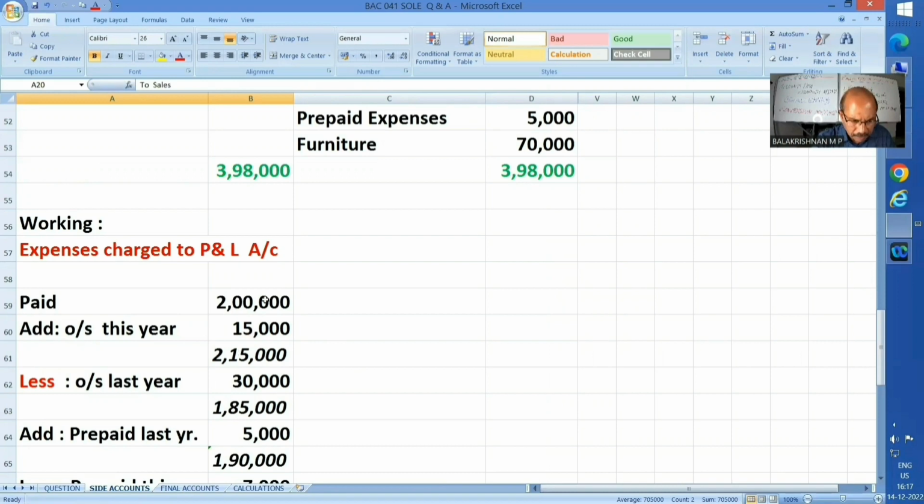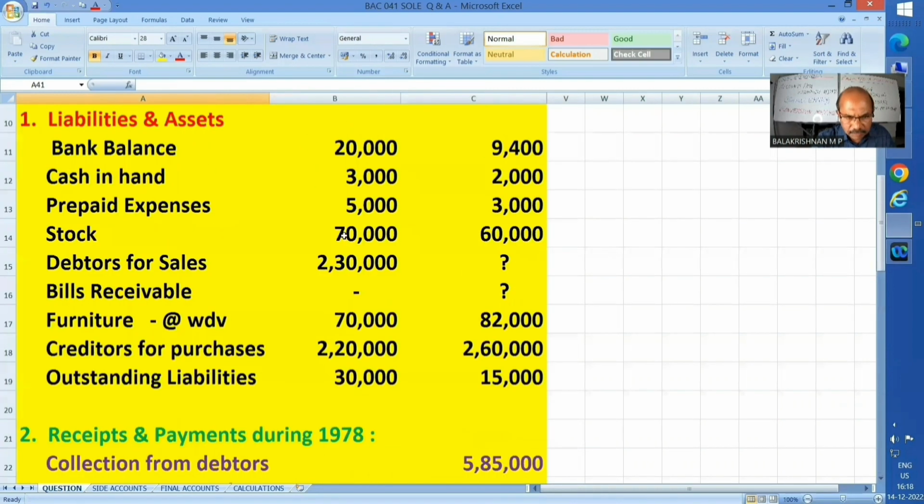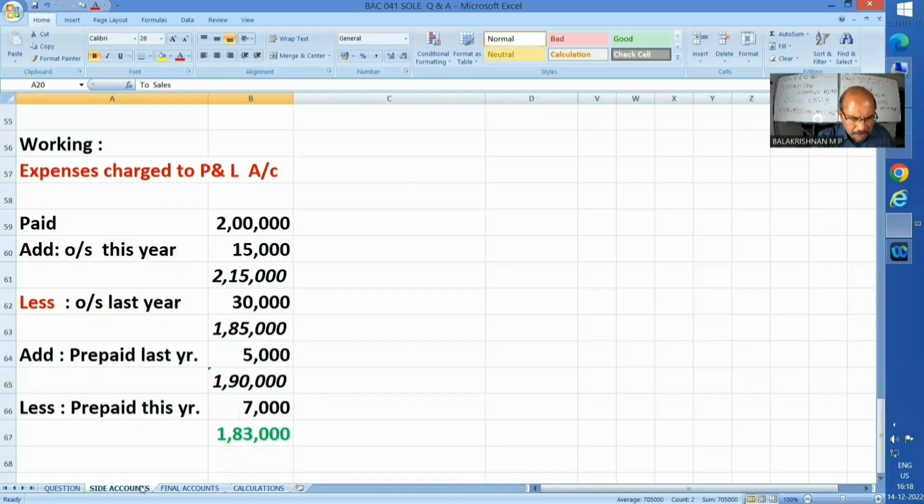Last year's outstanding paid out of this does not pertain to the current year, so that is deducted. And this year's prepaid expenditure has to be reduced, because it is meant for next year. Last year's prepaid expenditure is meant for the current year, so that has been added. Prepaid expenditure last year 5,000 and current year 3,000. So that has been accounted.